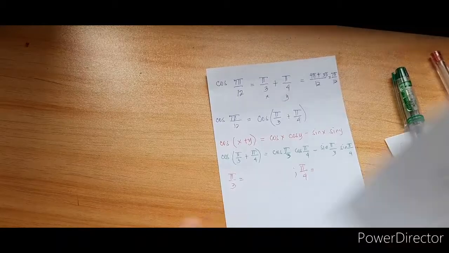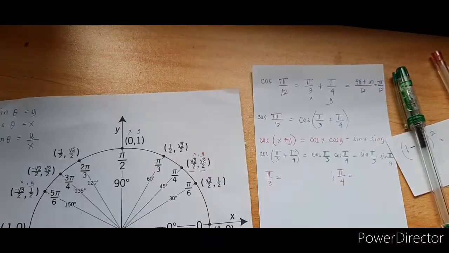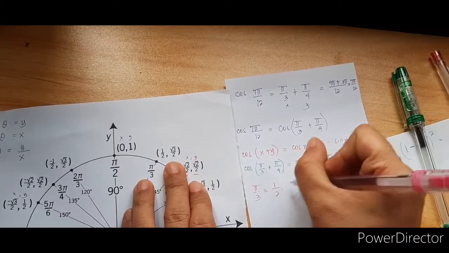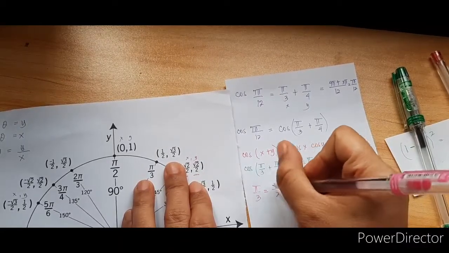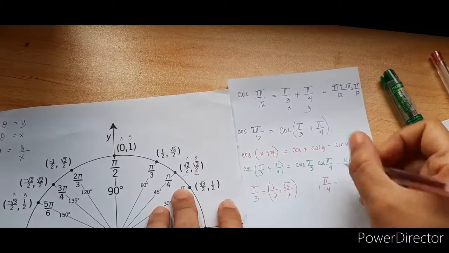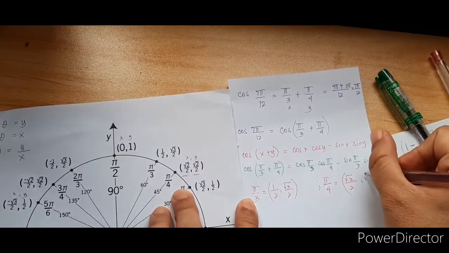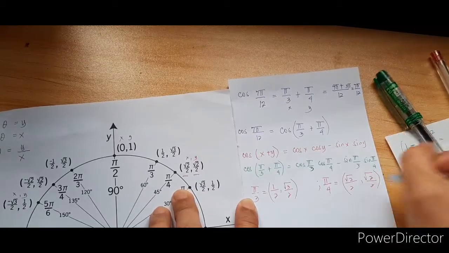So, let's go back to our unit circle. Where is pi over 3? That is our pi over 3. So, that is 1/2 and square root of 3 over 2. And our pi over 4 is square root of 2 over 2 and square root of 2 over 2. Okay?